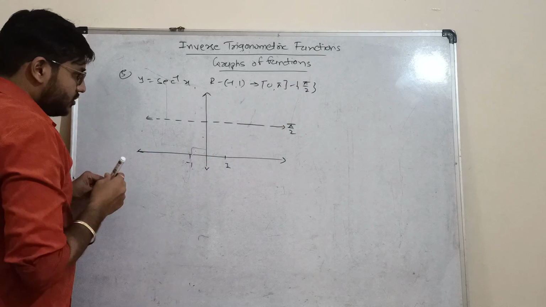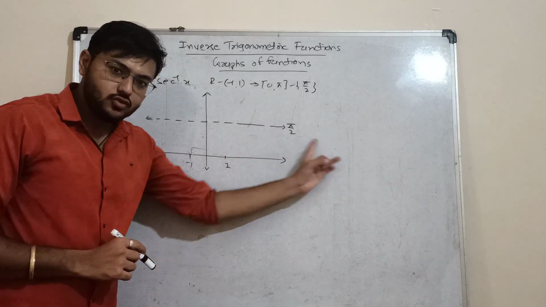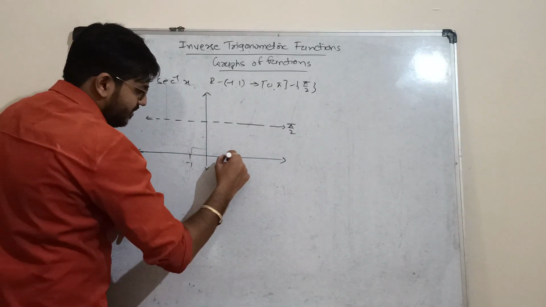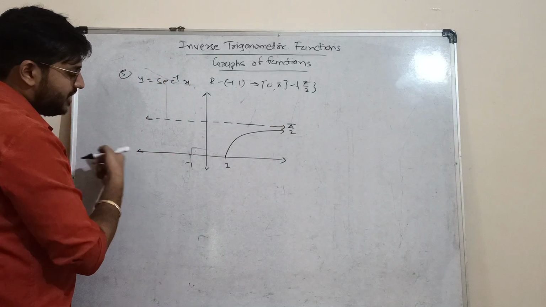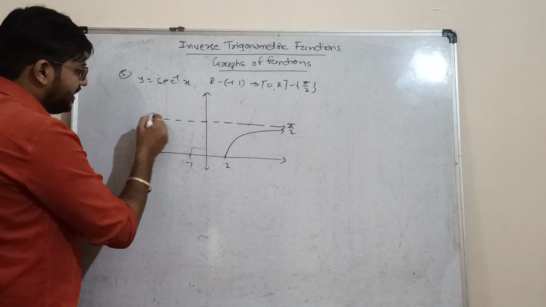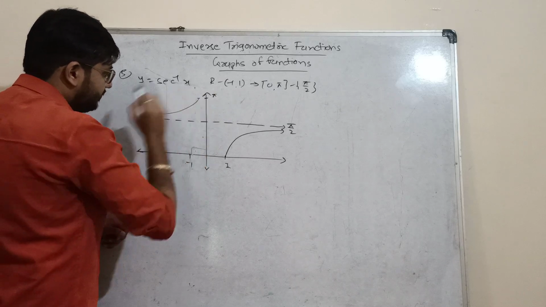Okay. So if I start from 1 to infinite, the graph of sec inverse is something like this, and if you plot the graph from minus 1 to minus infinite, it will be something like this, because here the point is pi, so here something like this.